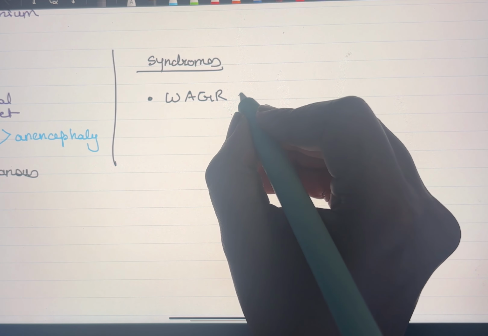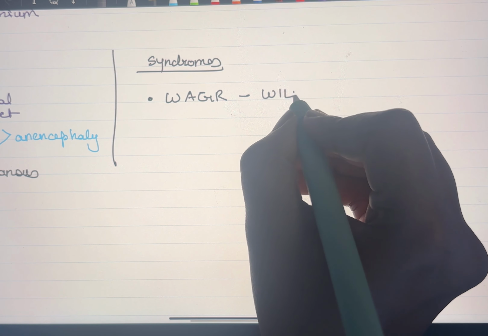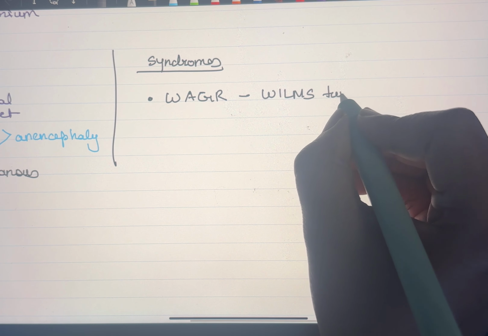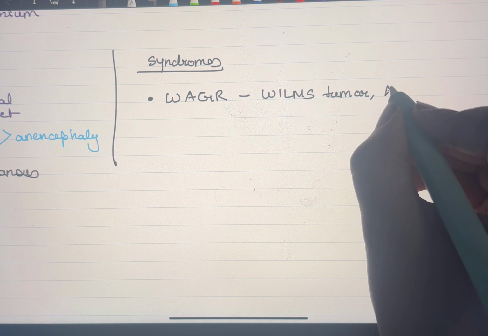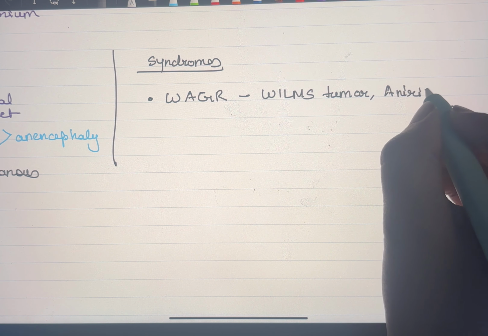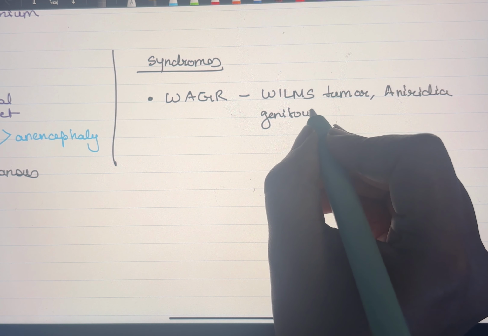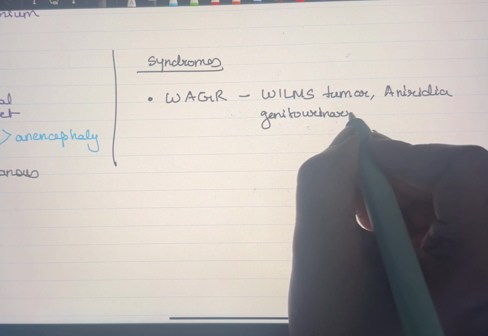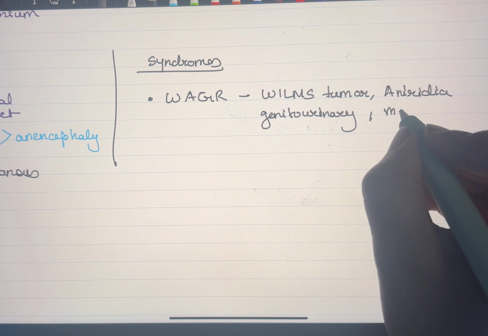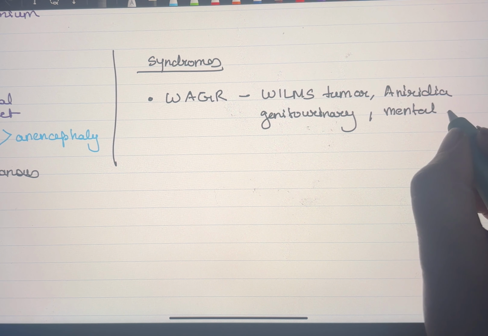What is the full form of WAGR? WAGR is Wilms tumor, aniridia, genitourinary defects and retardation, that is mental retardation.